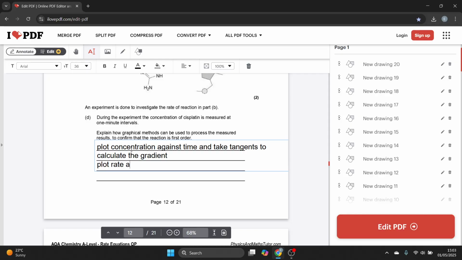Plot the gradient, which is the rate, against concentration, and then a straight line through the origin confirms that the reaction is in fact first order.